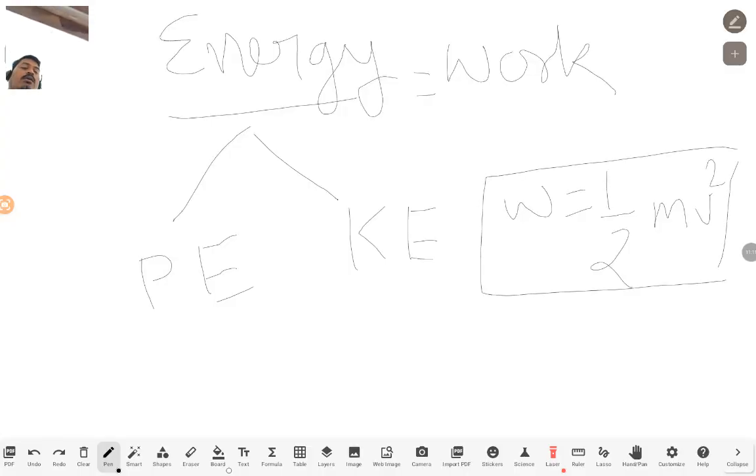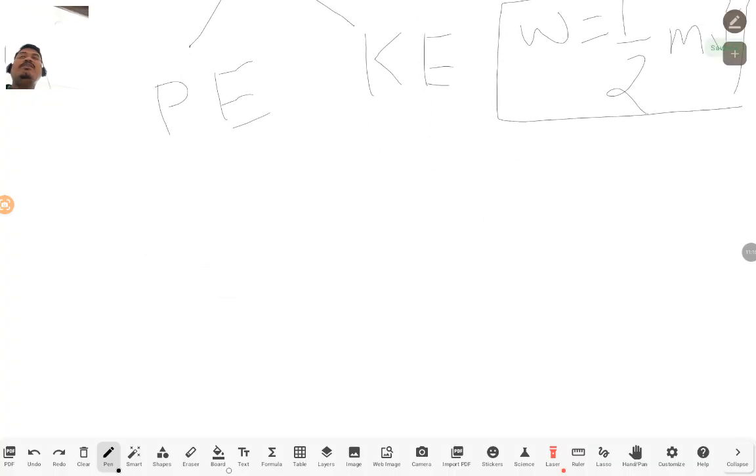Okay. Now we have to understand how we get this formula or how to derive this formula. Suppose we know that W equal to F into S. Am I right? Here's number one equation.